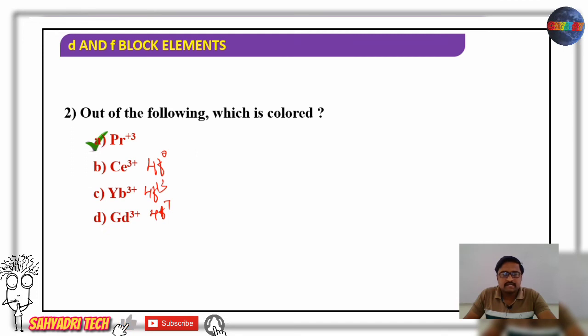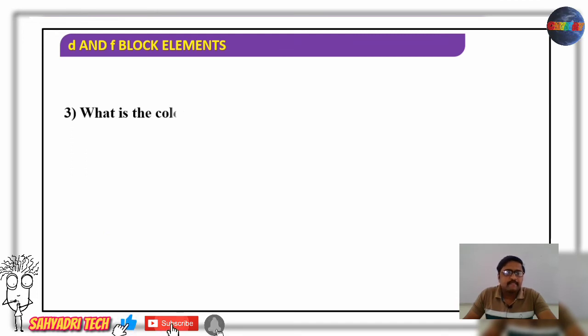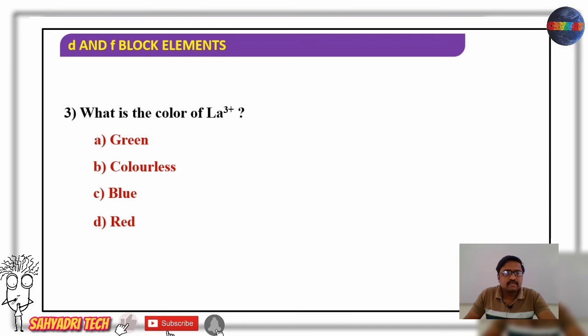So Pr3+ is colored. Then what is the color of lanthanum 3+? Green, colorless, blue, red. Lanthanum 3+ means f0, and f0 means it is colorless. There is no electron in the f orbitals itself. Therefore, it is colorless.